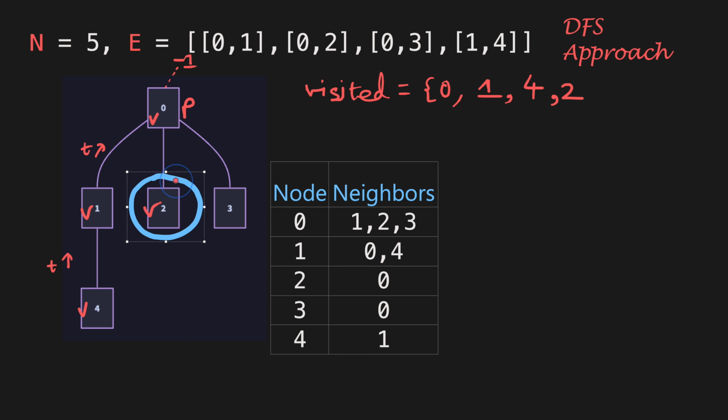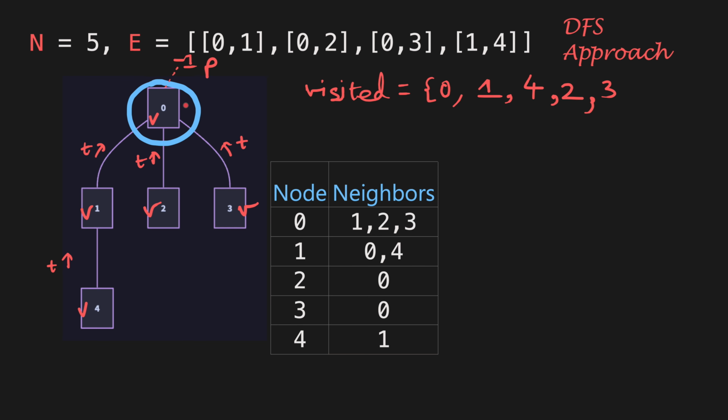And since no cycle is found, we return true from here as well and proceed to the next neighbor of node 0, which is node 3 with parent 0. We mark 3 visited. Its neighbor is 0, the parent, so we ignore it and we return true from this path. Now, throughout the entire traversal, we couldn't find any cycle and all the paths returned true, so we return true.